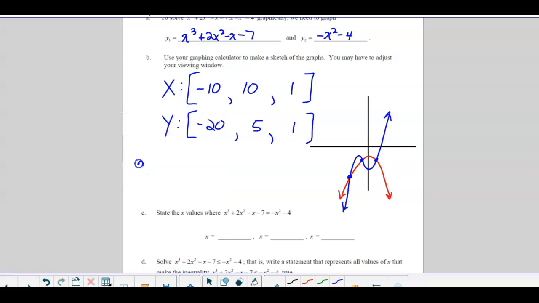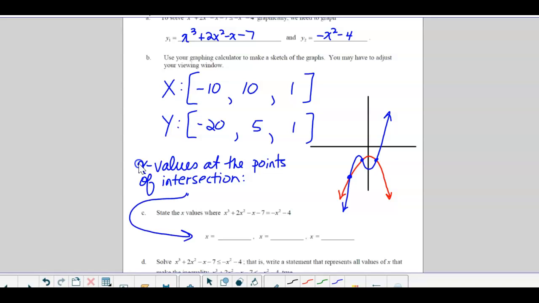We are looking for the x values at the points of intersection. Okay, and this is where you would list them. But there they are. We kind of prompted you, but on the test we might not. So what are those x values?